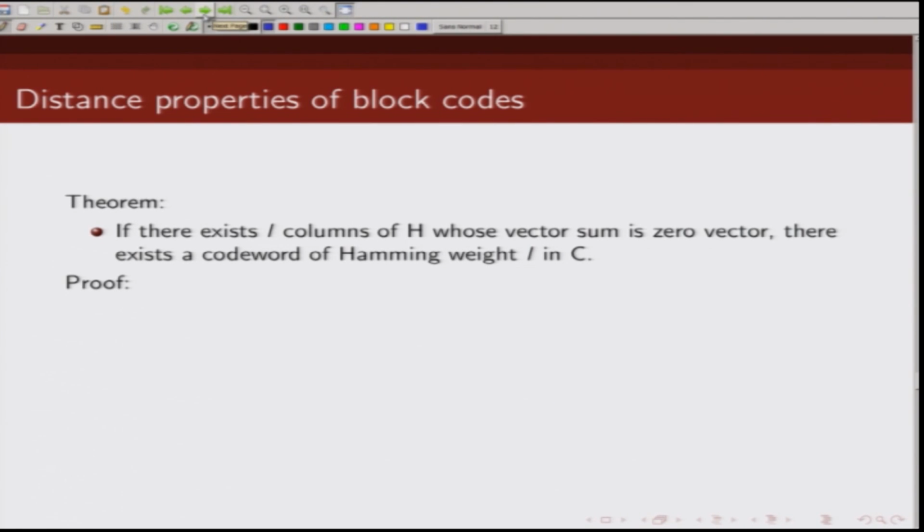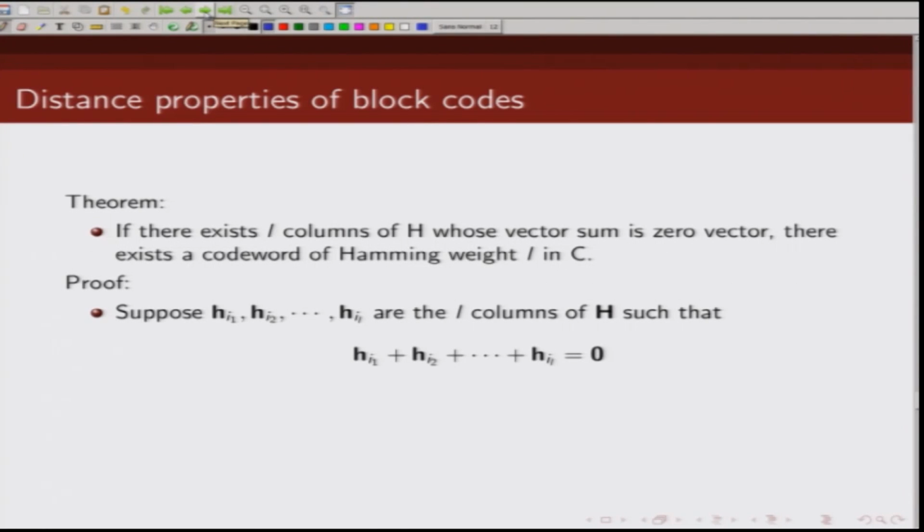Next, we show another result which says if there exist L columns of the parity check matrix whose vector sum is the 0 vector, then there exists a code word of Hamming weight L in this linear block code C. So, let us see. Suppose these L columns of parity check matrix H whose vector sum is 0 are given by Hi1, Hi2, Hi3 up to HiL.